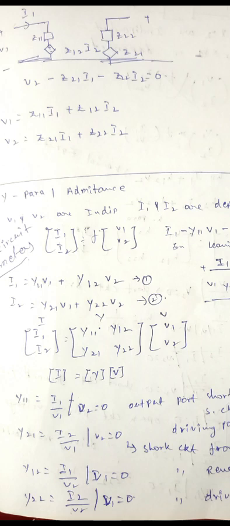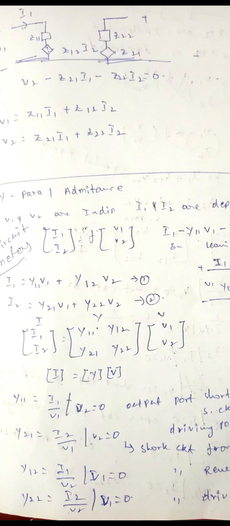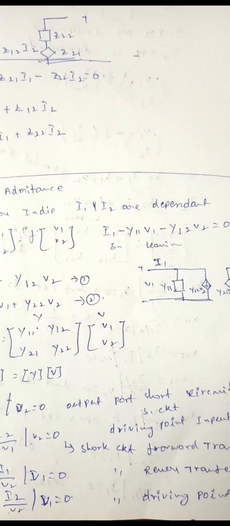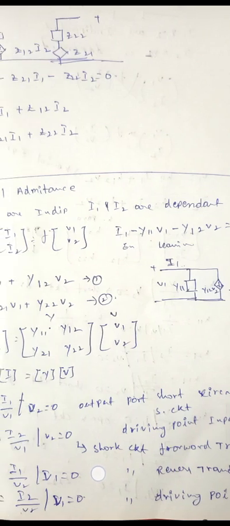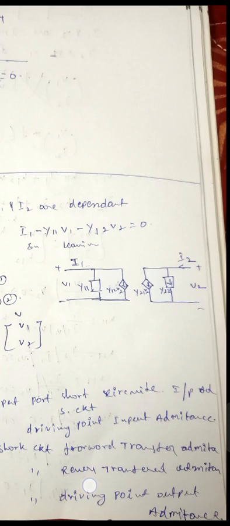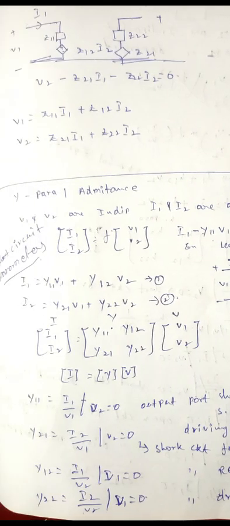So here the input current is divided by the output voltage with input voltage equal to 0. That's why the circuit is a short circuit, and the admittance parameter is called the reverse transfer admittance parameter, because here the input current is divided by the output voltage.